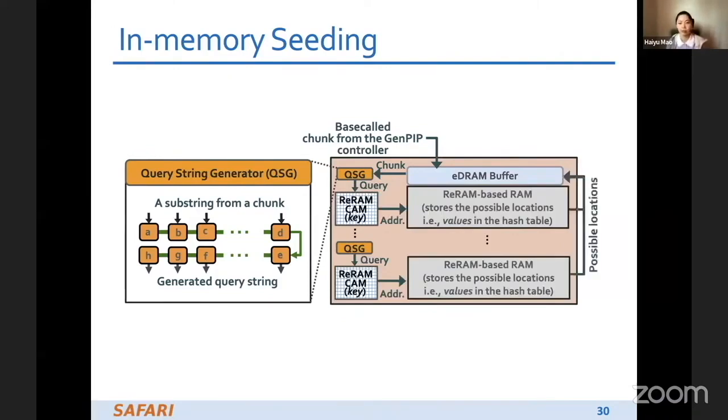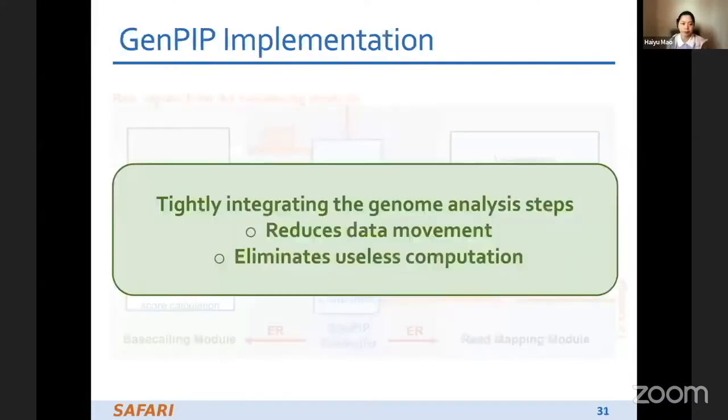And then we store the possible locations and forward them to the mapping controller. So through all of these tightly integrated genome analysis steps, we can reduce a lot of data movement, and also eliminate the useless computation as much as we can.